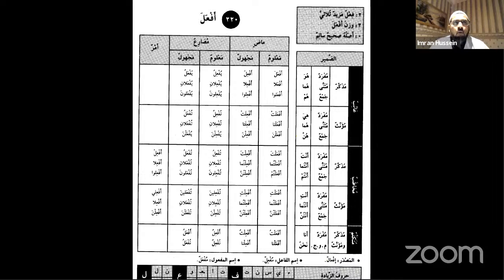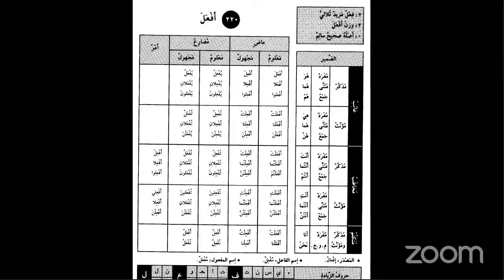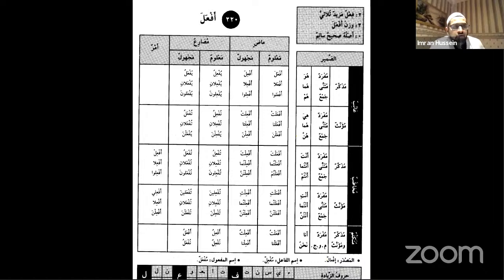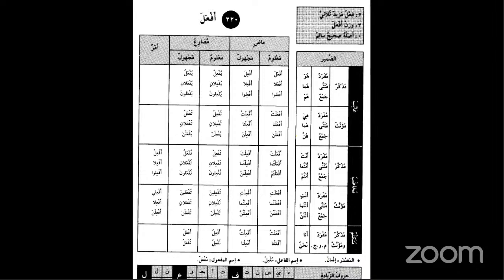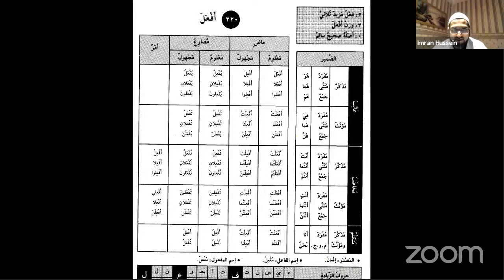That is called the passive tense, where the doer of the action is not known, but the action which has been done is known. Is that clear? Yeah. That's called majhul, where the doer of the verb is not known, but the person upon whom the action has been done, the object, is known. Like, I broke the window versus the window has been broken. Who broke the window? We don't know. The window has been broken. That is the majhul, where you make the passive tense.